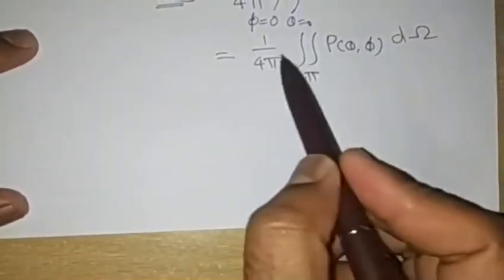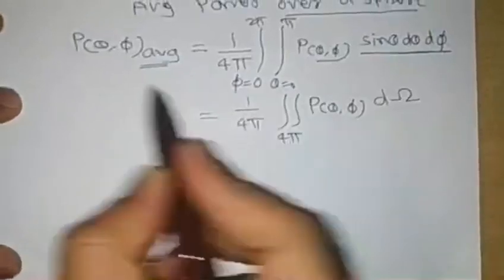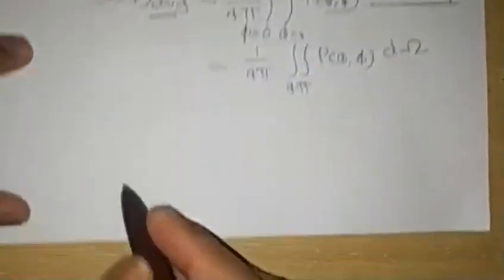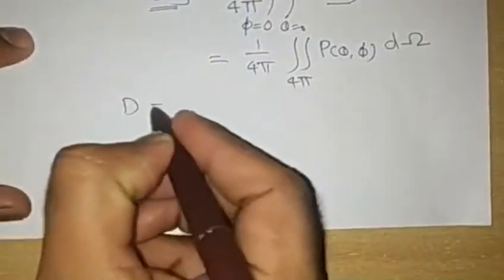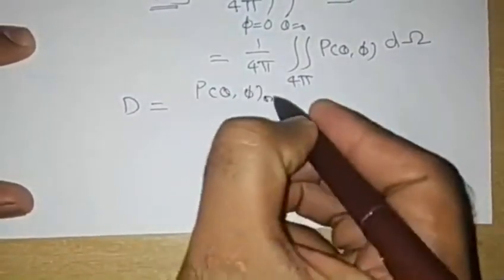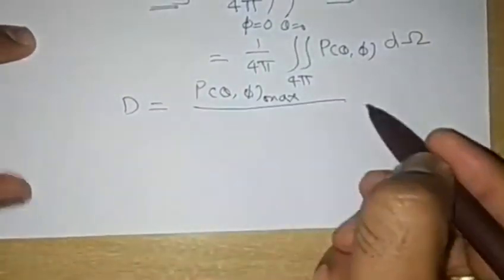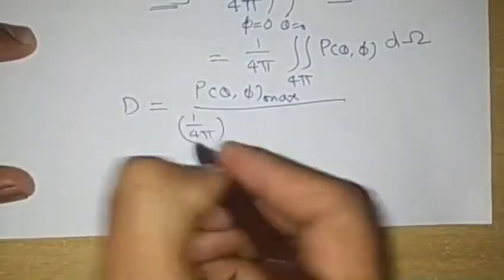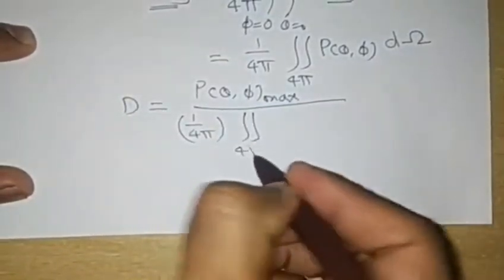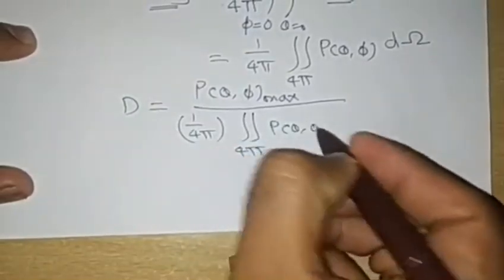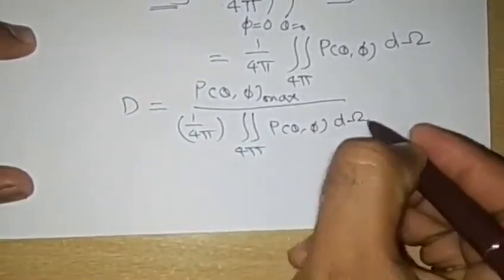Therefore, after substituting the average power term in this equation, we get directivity equal to P of theta comma phi max divided by 1 upon 4 pi times the integral over the surface of the sphere of P of theta comma phi d omega.